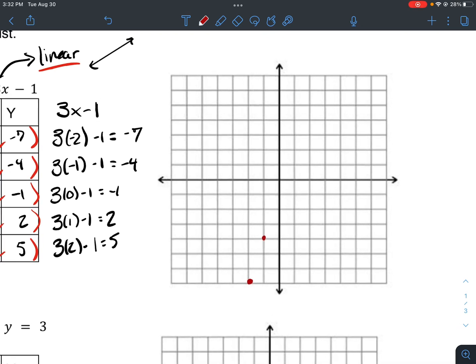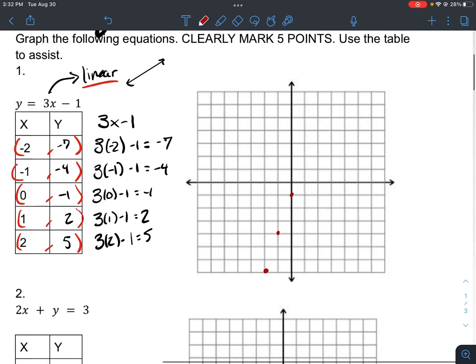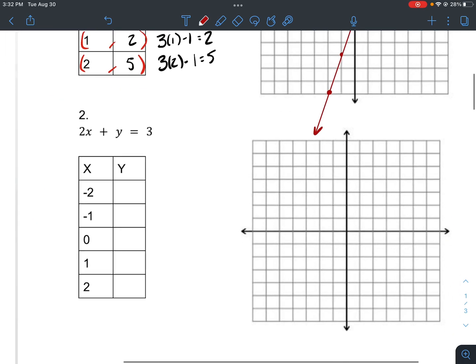At 0, we are at negative 1. At 1, we're at positive 2. And at 2, we are at 5. Now I'm going to make a line through all of our points. Our line is straight, and that's it. We got our 5 points clearly marked, and we're good to go.